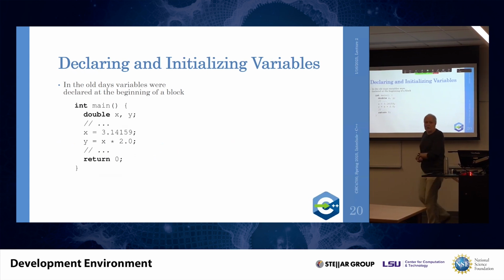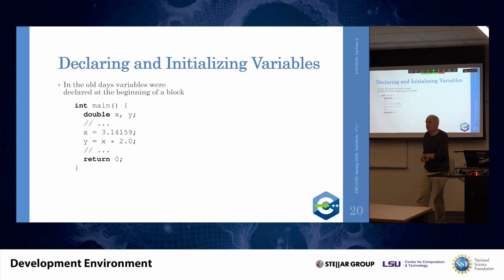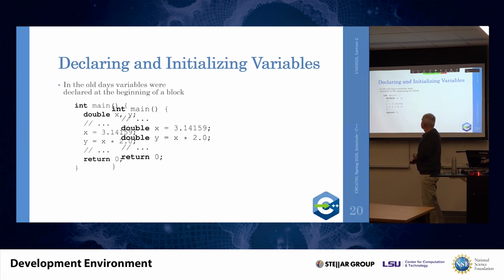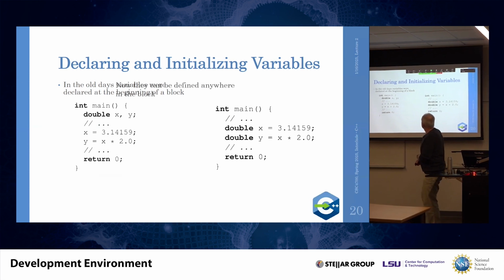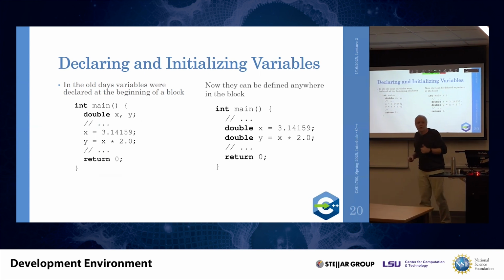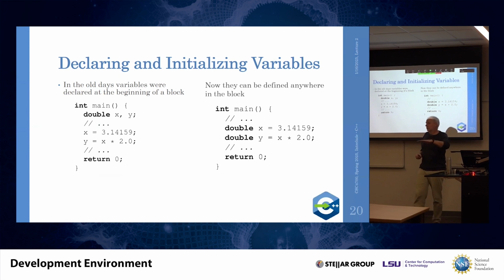If you are a C programmer, you might write code this way. You might define all the variables in the beginning of a function, and then you assign the values to them later on. That's kind of the old days. What we want to do in C++ is to move the variable as close as possible to its first use.